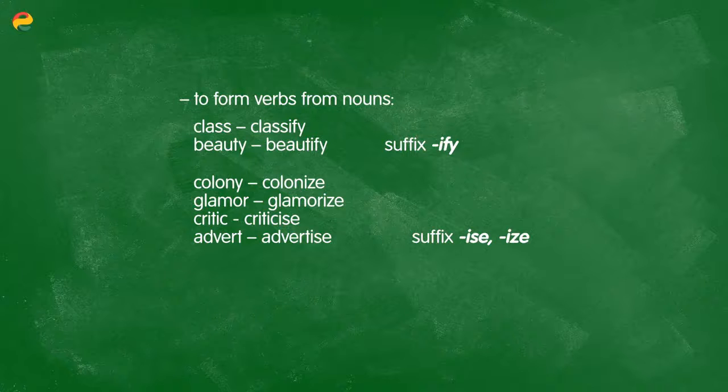But be careful with the pronunciation if you are making verbs from nouns. The pronunciation, instead of being softer towards the end, will be harder, with an emphasis on harder vowel sounds. For example, classify and colonize, here with the hard I sound rather than a softer sound.